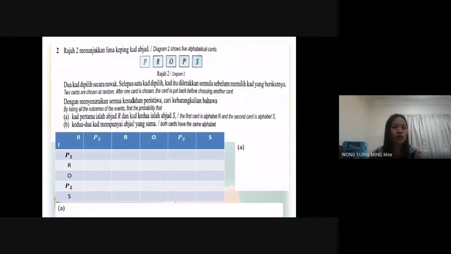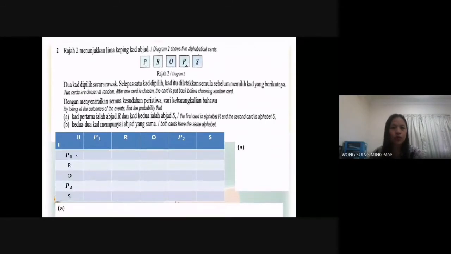Okay, so when we draw the table, you see, first card taken out here. We have 2 P's here. That's why we label here P1 and here is P2. We cannot say we have 2 letter P, so we write 1 time, cannot. So you just label it P1, P2.